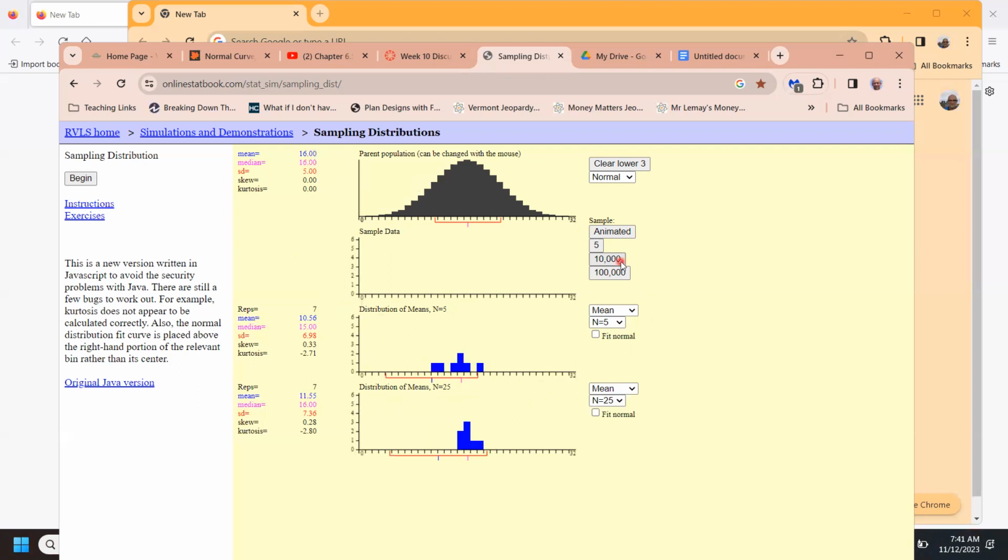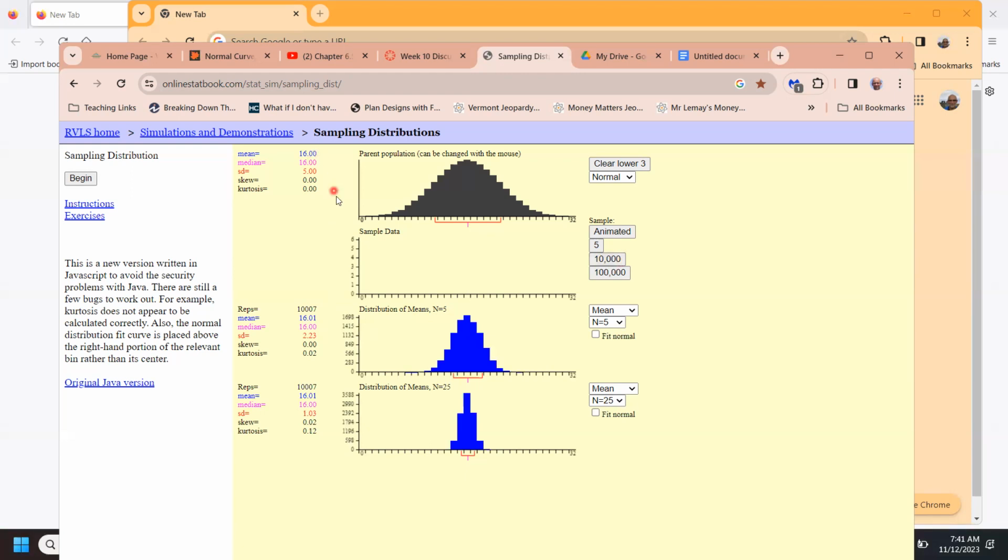Let's draw 10,000 samples. What I want you to see is the 10,007 samples of size 5. So this graph represents 10,007 X bars. It pulled out 10,007 samples of size 5, calculated the average of each, graphed them, and this number represents the average of those 10,007.